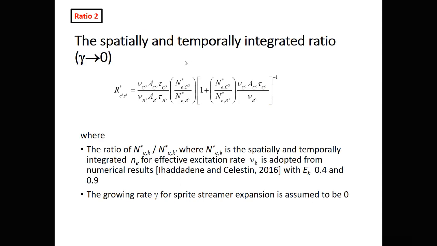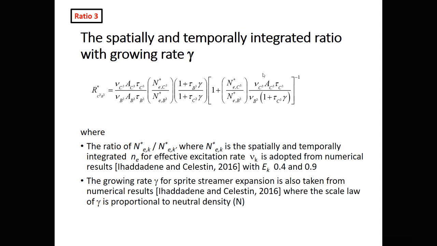The second one is where we consider the spatial and temporal integration effect. The third one is where we consider that the sprite streamer will go from high altitude to low altitude.